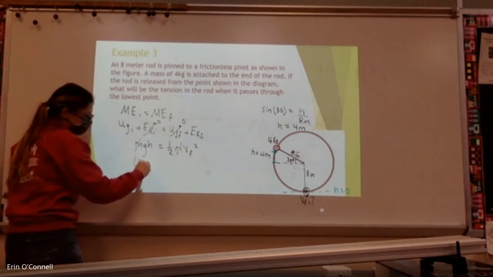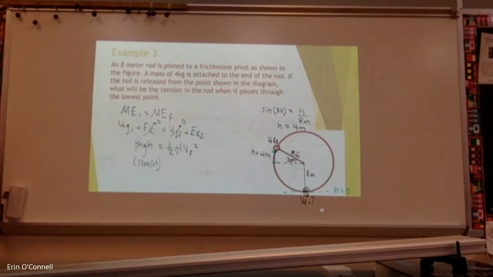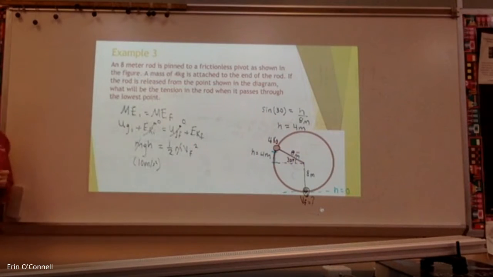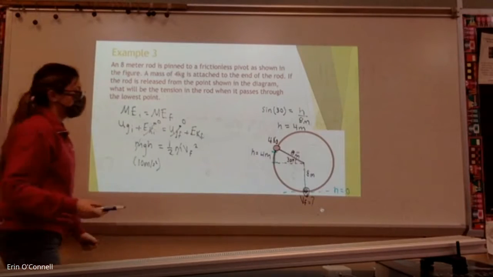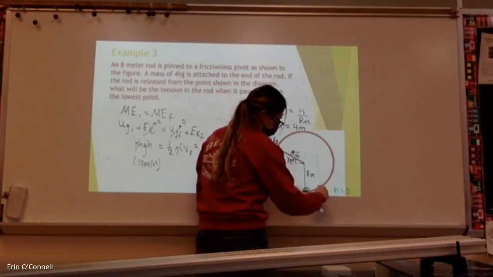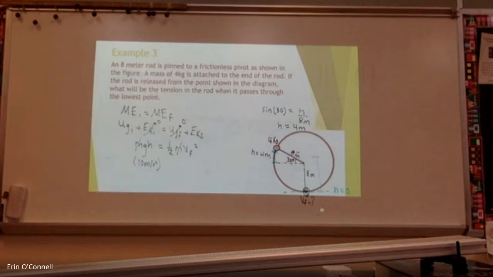I'm going to use 10 meters per second squared times h. Technically, the initial height from 0 is going to be what? What's the initial height from the 0 line? What's the height from here to here? 12. 8 plus 4.